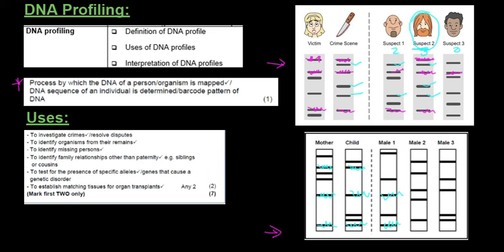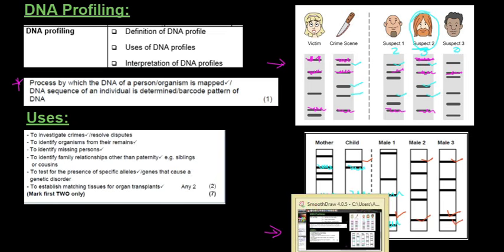Okay, now we can see which person was most likely the father. So on this one, those two correspond, that one and that one corresponds, this one and this one corresponds.